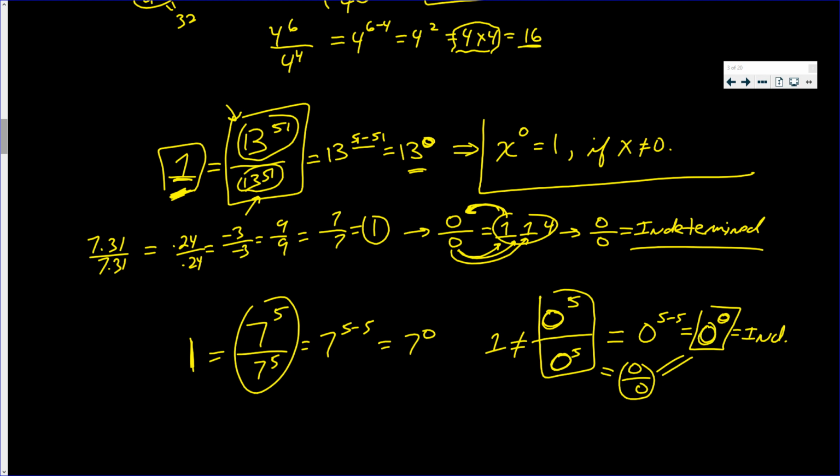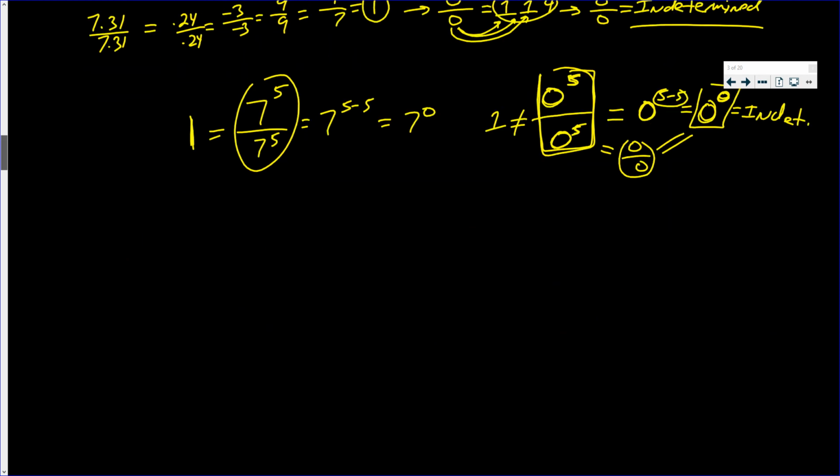After all, this is 0 over 0, and it's also 0 to the 5 minus 5, which is 0 to the 0. It's indeterminate. Okay? X to the 0 is equal to 1 as long as the base is not 0.